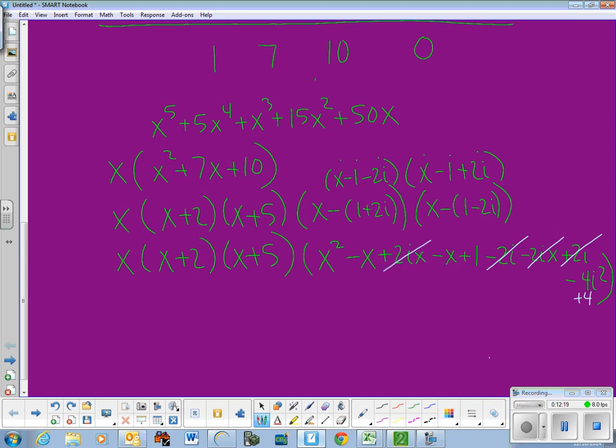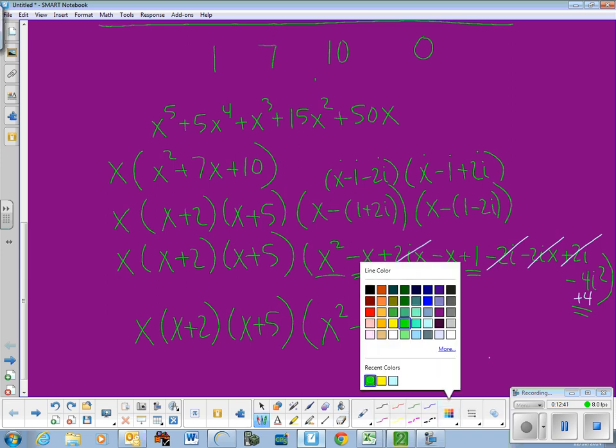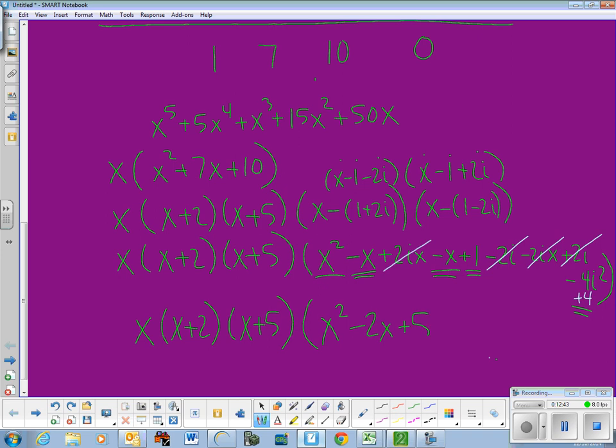All right, so now we're ready for the whole thing. x squared, because that's left over. Negative x, negative 2x, plus 1, plus 4, plus 5. All right, so there we go.